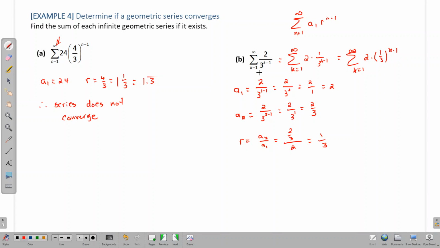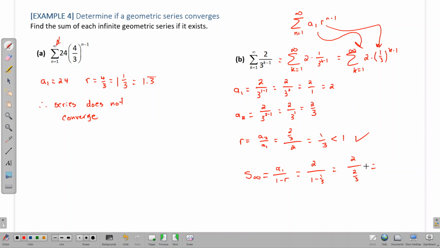So this represents the same as this, and now you can easily see a1 is 2 and r is 1/3. But this will also work. Okay, so is the r small enough? Yes, it is less than 1, so this converges, which means that the infinite sum, the value of this, is going to be given by a1 over 1 minus r, which is 2 over 1 minus 1/3, or 2 over 2/3.